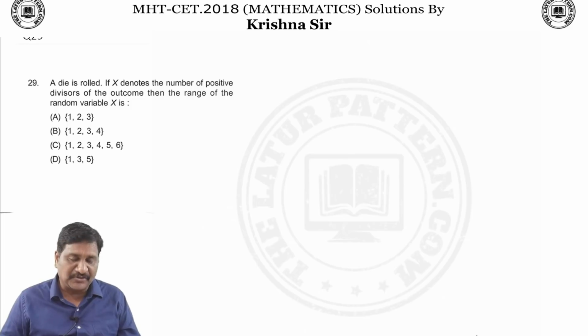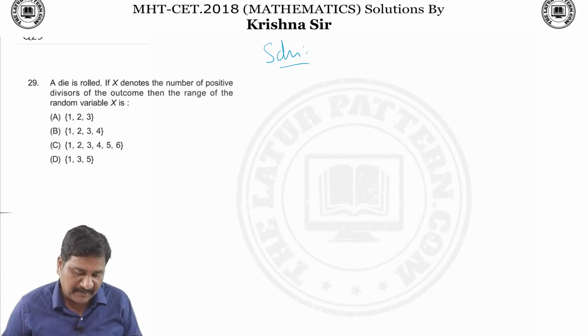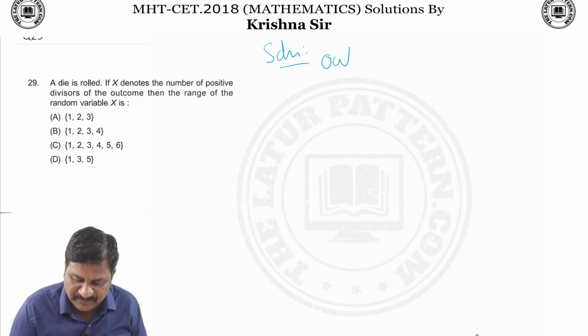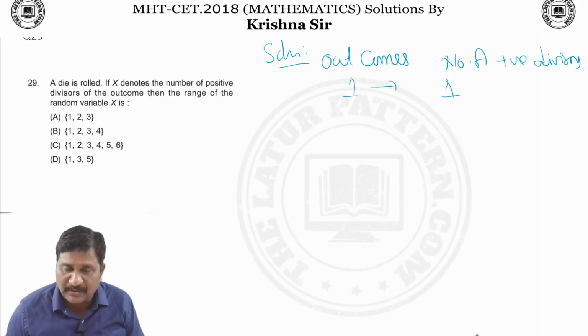Now the solution of question number 29. Here it is given that a die is rolled, and if capital X denotes the number of positive divisors of the outcome, then find the range of the random variable capital X. Suppose the outcome is 1, then its number of positive divisors is also 1, 1 into 1 is 1.